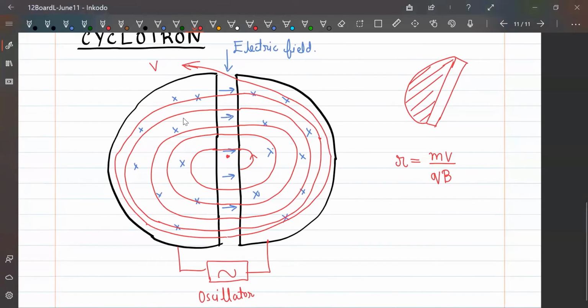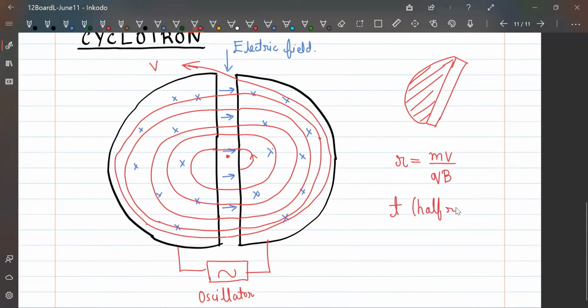So this is the principle and the construction of a cyclotron. The first thing that we use here is that the radius is mv by qB. As you increase the speed, which is only increased due to the electric field, the radius also increases. But the time taken for half a revolution does not change.